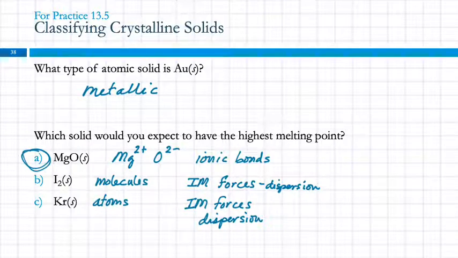It depends on the molecular weight. So if we look at the I2 molecule versus a krypton atom, which one weighs more? The I2 molecule should weigh a lot more. And so then we can predict that the dispersion forces here are stronger. Stronger forces mean a higher melting point. So we would expect that this one would be in the middle and that this would be the lowest melting point.